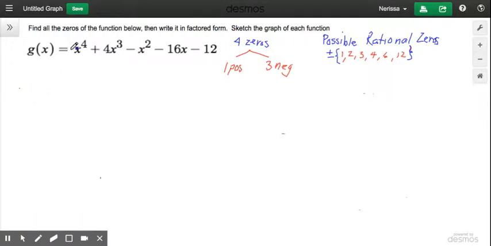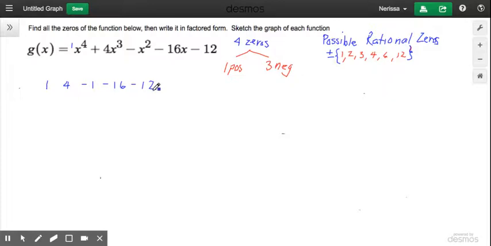To do that, we will take the coefficients of the terms in g of x: 1, 4, negative 1, negative 16, and negative 12, and list them down here.